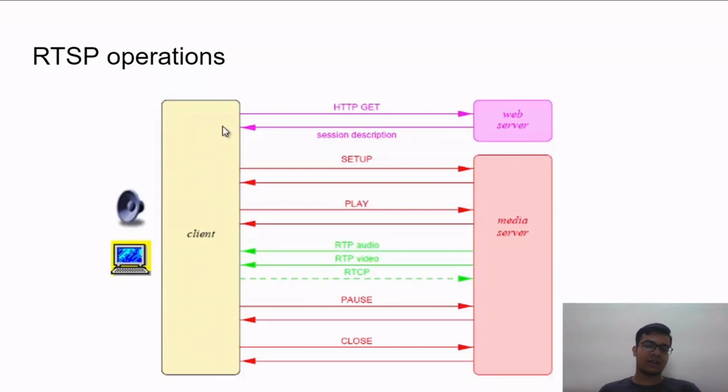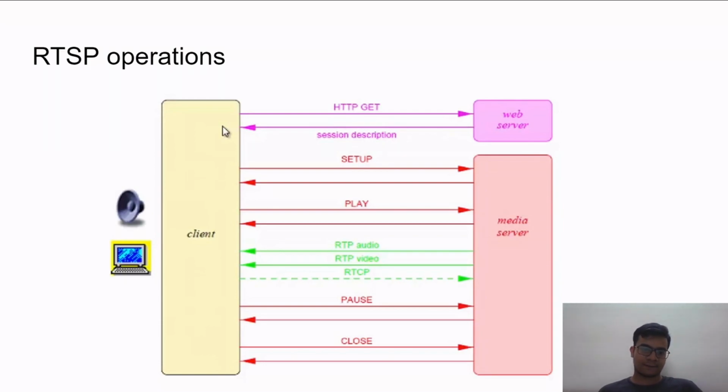After that, the client will send a play request. The server also replies to that play request, and after that, the server will start sending the stream data using the RTP protocol to the client.